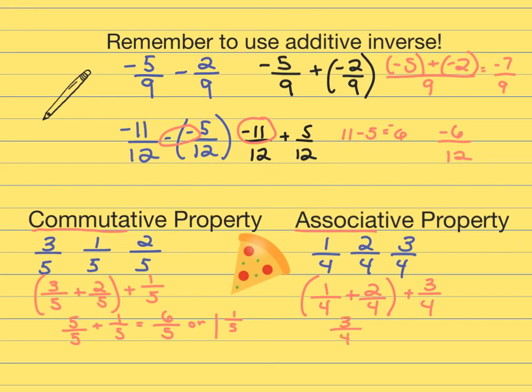So 3/4 plus 3/4 means that we ate 6 pieces out of each whole having 4 pieces. So that means that we ate 1 whole pizza plus 2 pieces out of 4 pieces being our whole. 1 2/4.